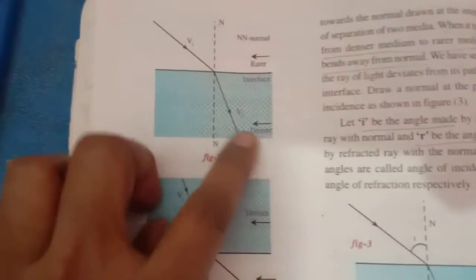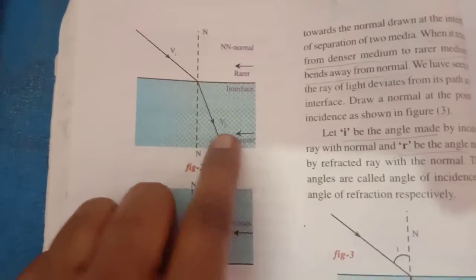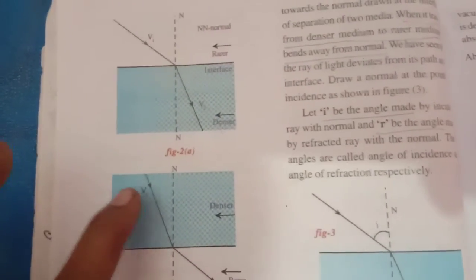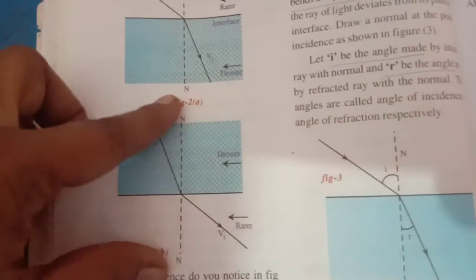See, when light travels from denser medium to rarer medium, it bends away from the normal. When it travels from rarer medium to denser medium, it moves a little bit. This is the normal, NN is the normal.